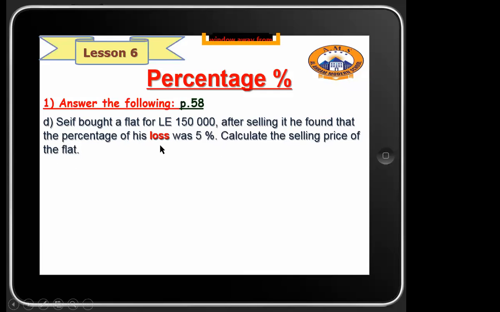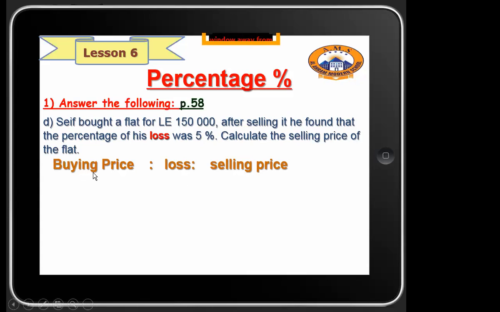So now I have to write 3 names. Because I have the word loss, what is the first line that I'm going to write? It will be buying price, then loss, then selling price.